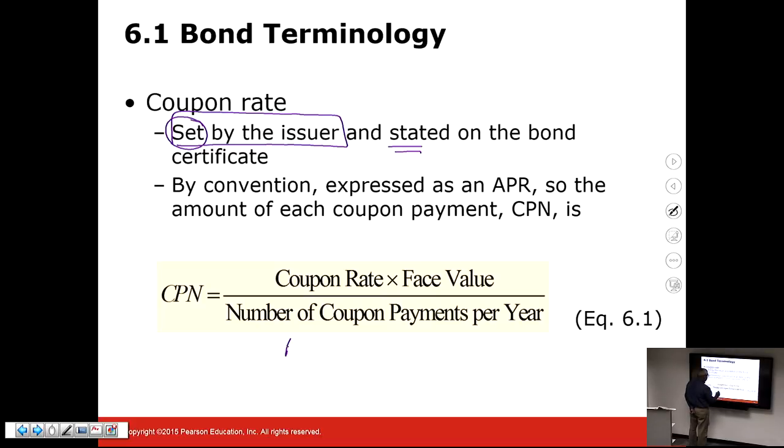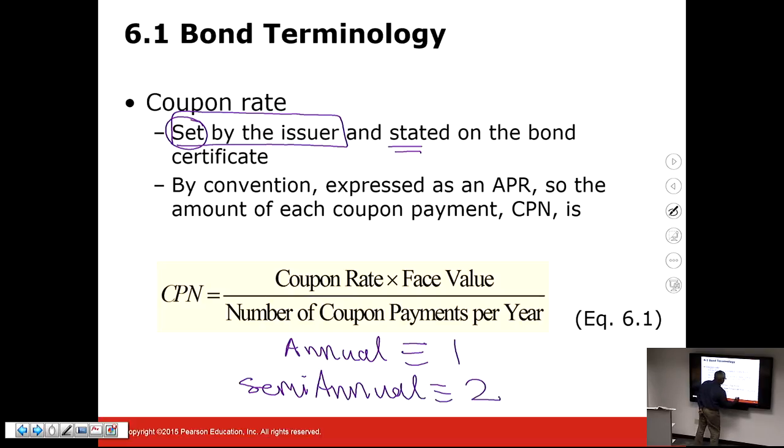If the coupon payments are annual, then this would imply one coupon payment per year. If the coupon payments are semi-annual, which is more typical, then that would imply 2 coupon payments per year.